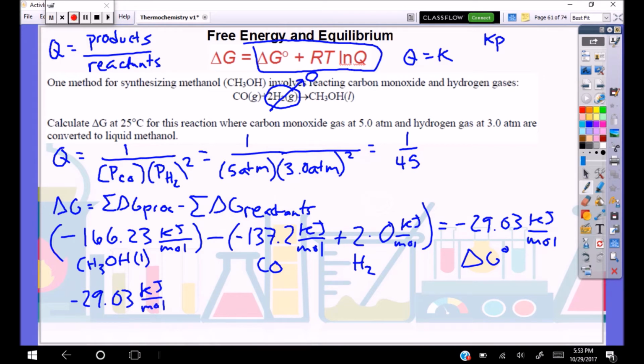Now, the R that we're going to use, remember that R has units, it's the 8.314 version, in units of joules per mole Kelvin.